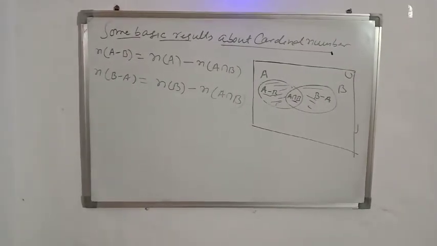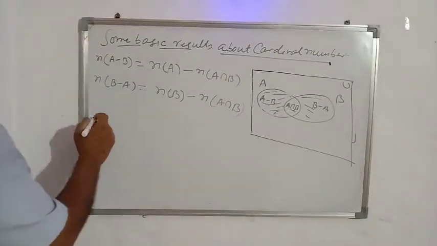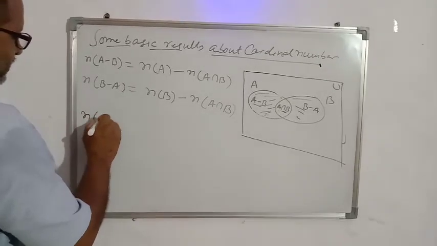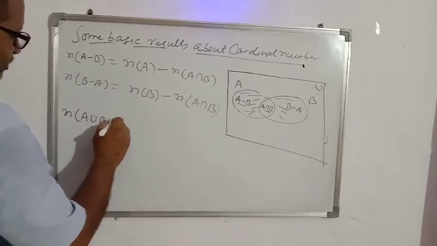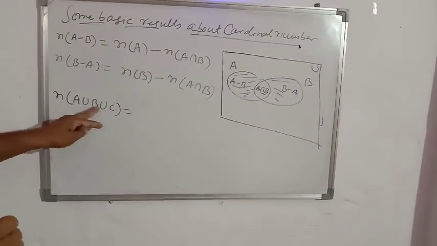If 3 sets are given, A, B and C, then how will we write the cardinal number of A union B union C?